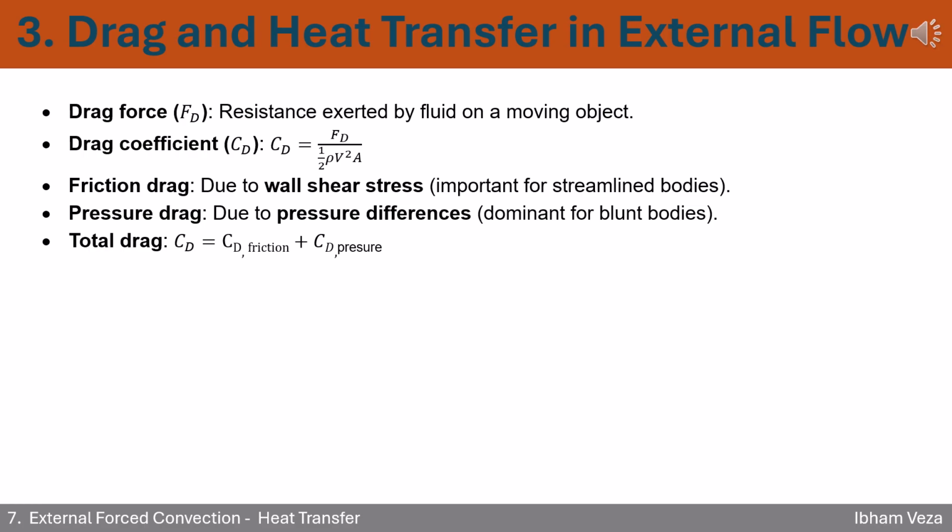To quantify this resistance, we use the drag coefficient, CD. It's a normalized number that shows how much drag an object experiences relative to its size and speed. The equation includes the drag force, fluid density, velocity squared, and a reference area.